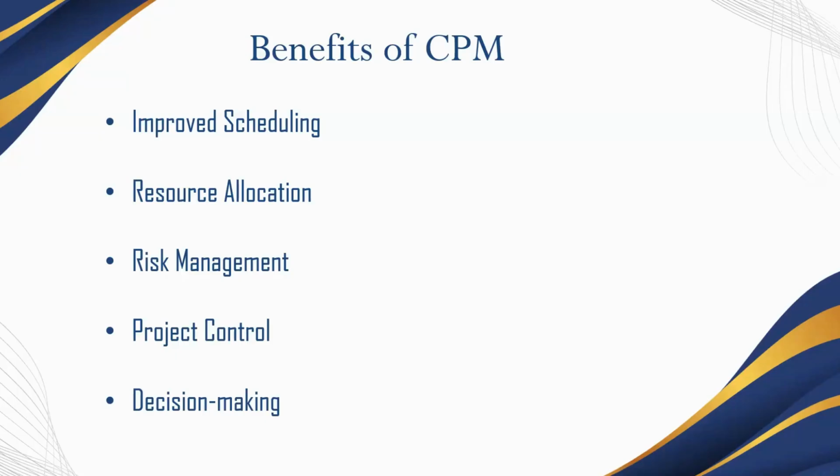After identifying the critical path, project managers focus on high risk tasks and implement various risk management strategies. Project control. CPM allows better monitoring and control of the progress of the project by ensuring tasks are completed on time. Decision making. It provides significant information that assists managers in decision making, for example, shifting agendas or altering resources to handle such complications.